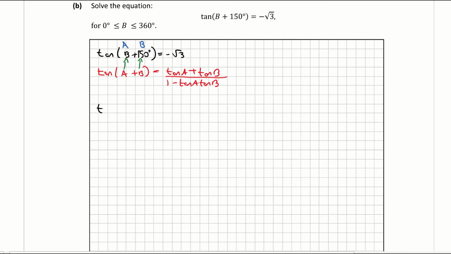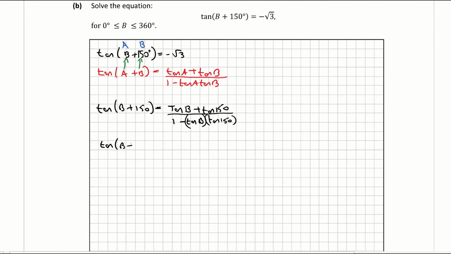So that's giving me tan of B plus 150 degrees is equal to tan A, which now becomes tan B when I'm subbing in, plus tan 150 all over 1 minus tan A, which is now tan B, times tan of 150 degrees. Just make sure your calculator is in degrees when you're working out tan 150.